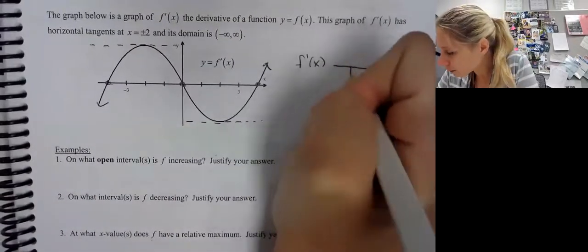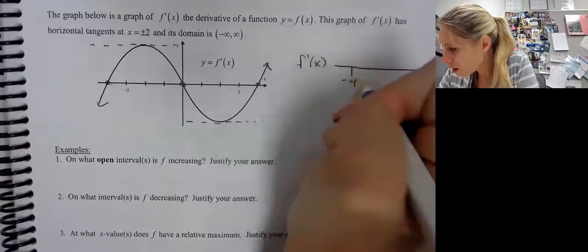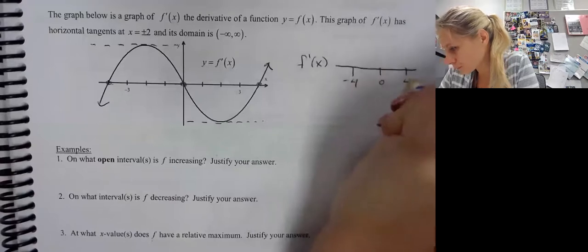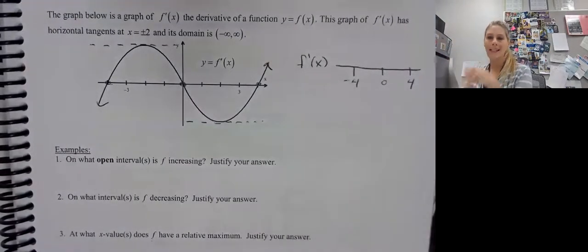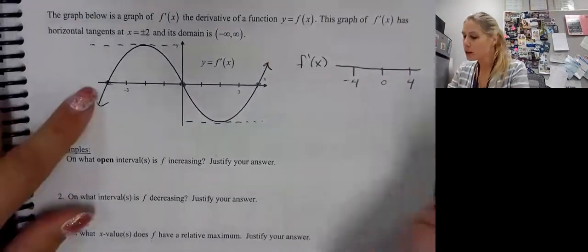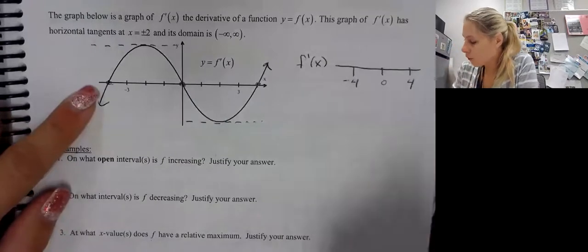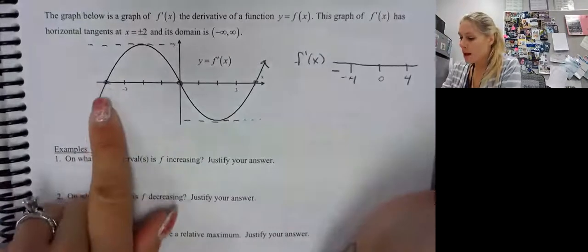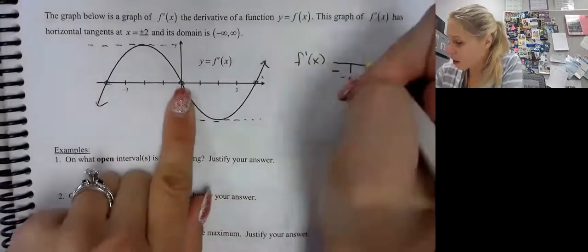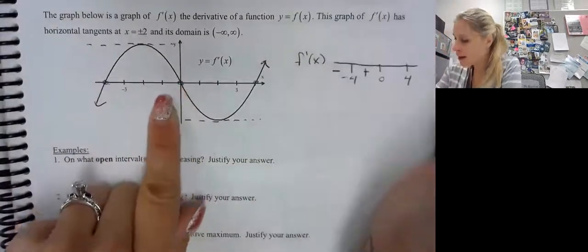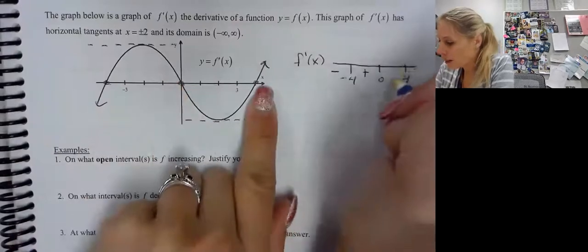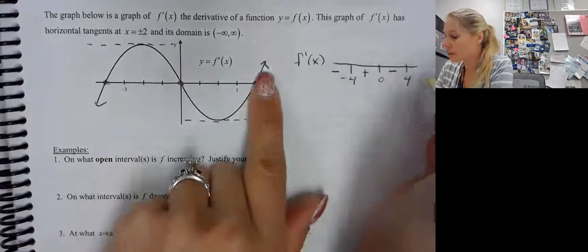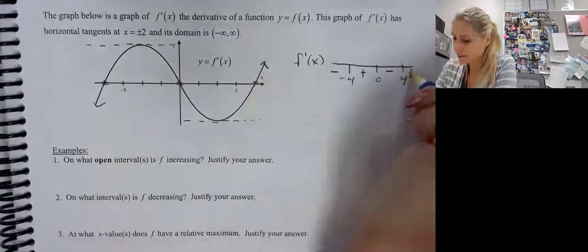So we have a critical number at -4, at 0, and at 4. Now let's see where it's positive and negative. So less than -4 is negative. Between -4 and 0, positive. Between 0 and 4 is negative. And after 4 is positive.